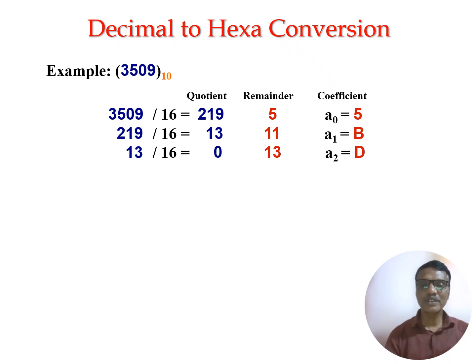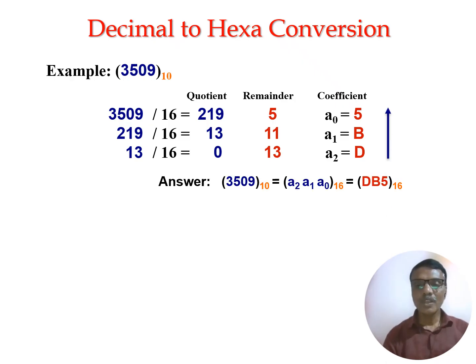We don't write 13 in hexadecimal, so its equivalent value is D. So that's why D is mentioned here. Okay. So DB5 is the equivalent of this decimal value 3509. Its equivalent hexadecimal value is DB5.